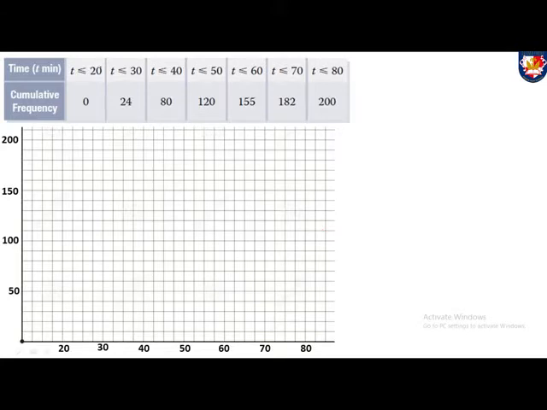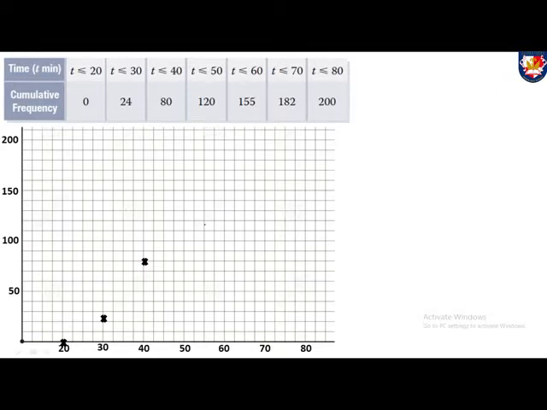Now, for t less than 20, it is 0. So for 20, it is 0. Next, for t less than 30, it is 24, here. And then for t less than 40, it is 80. So for 40 it is 80, around here.